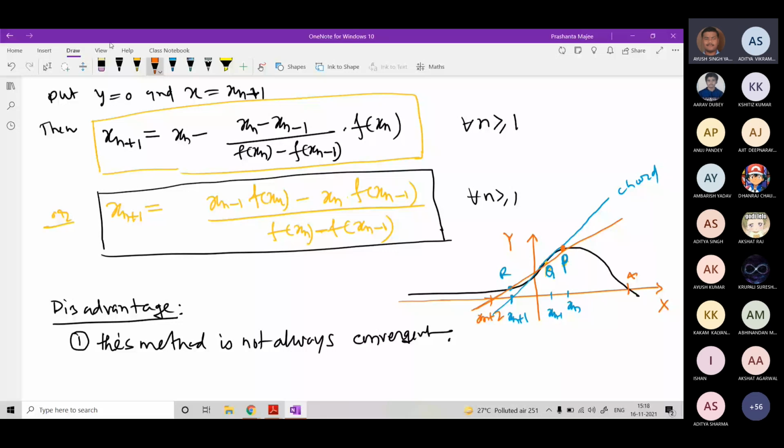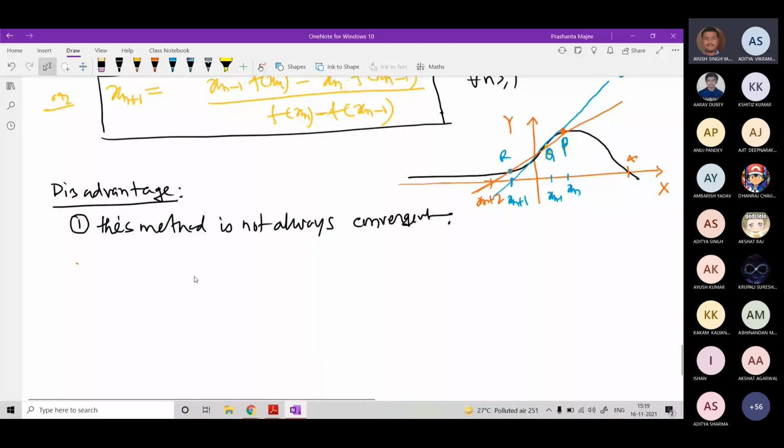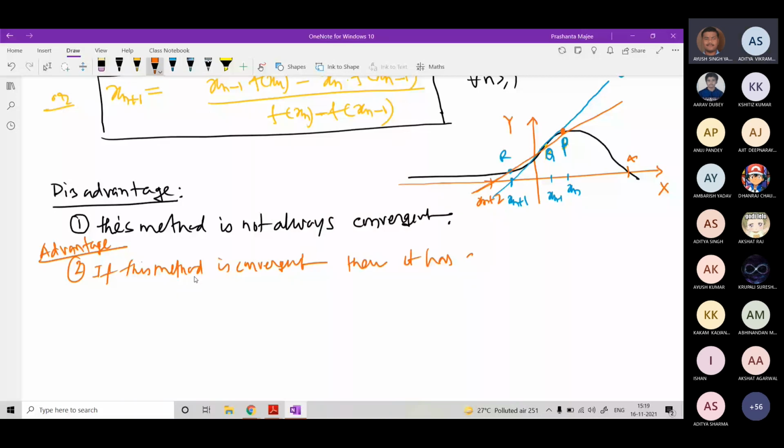An advantage of this method is that if this method converges, then it has order of convergence 1.62, the golden ratio.